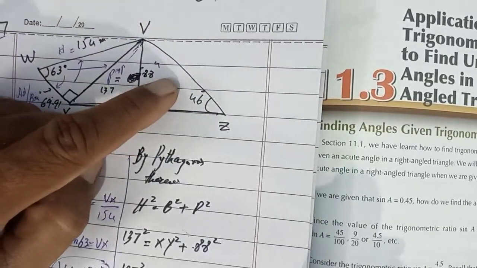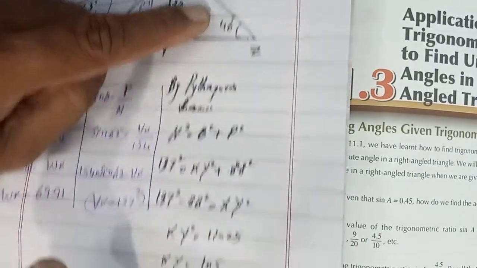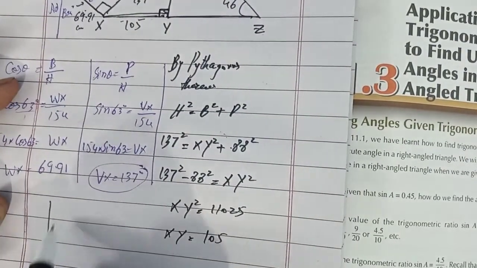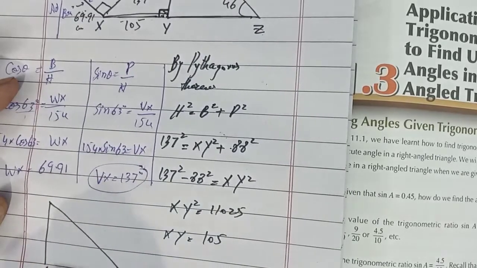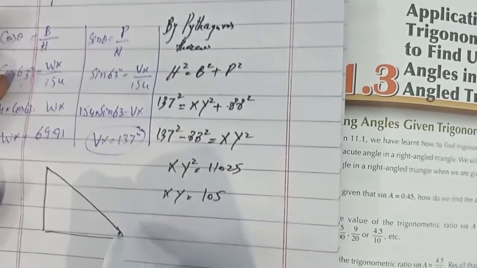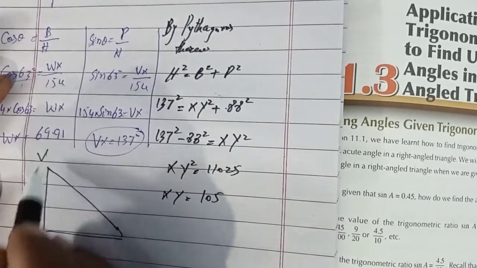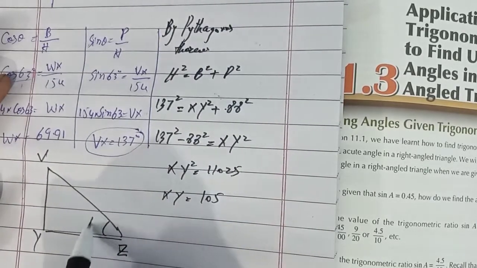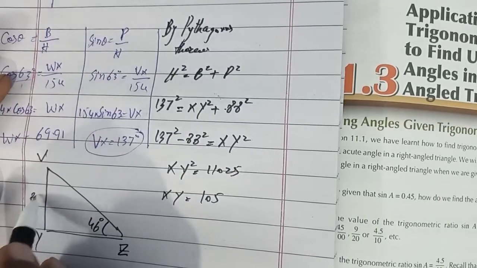I draw this triangle over here. This is V, this is W, this is Z. The angle here is 46. The side has this length.